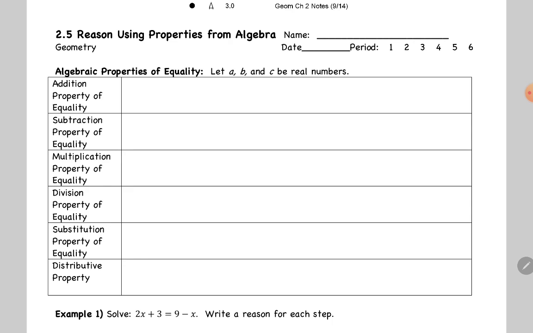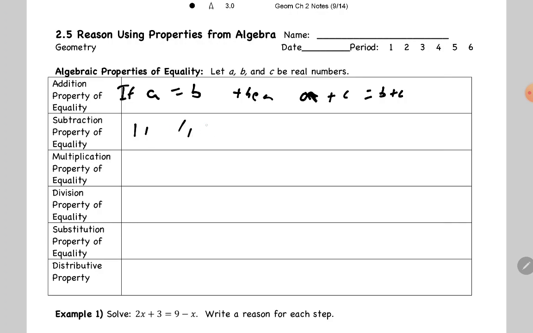The addition property of equality, basically, let's say our equation is A equals B. Then we could add. Basically, we're allowed to add things to both sides of the equation. Subtraction property.